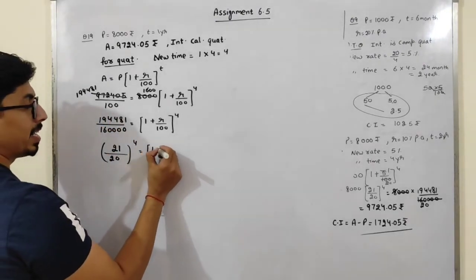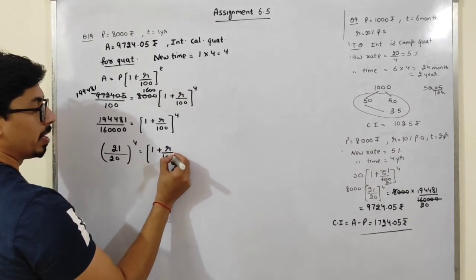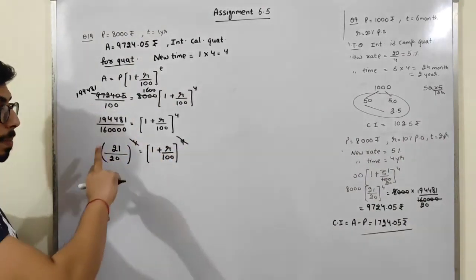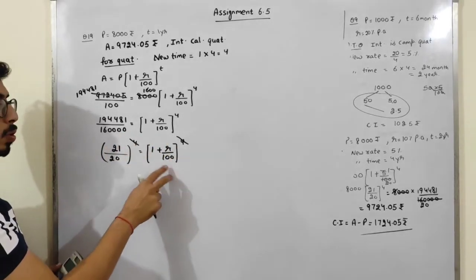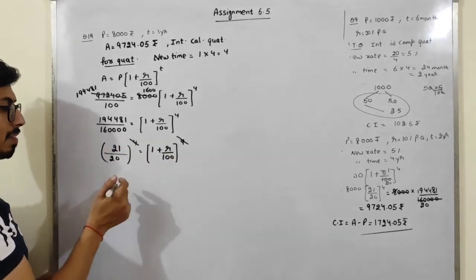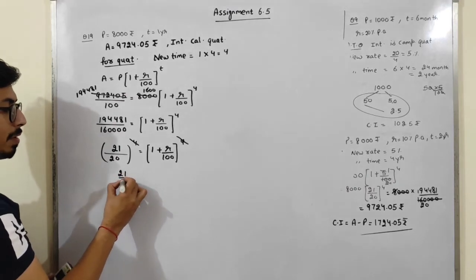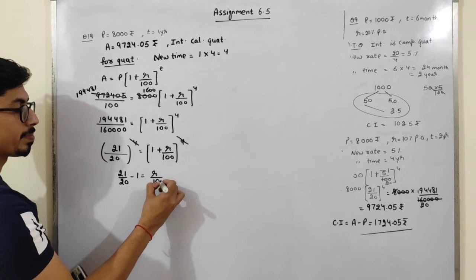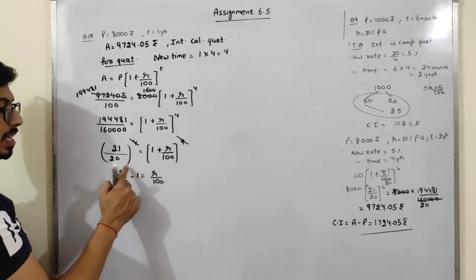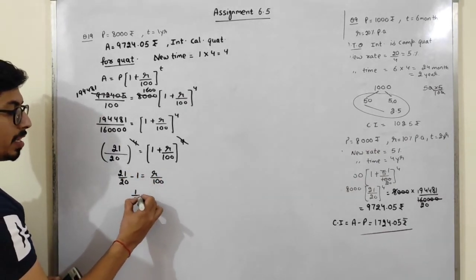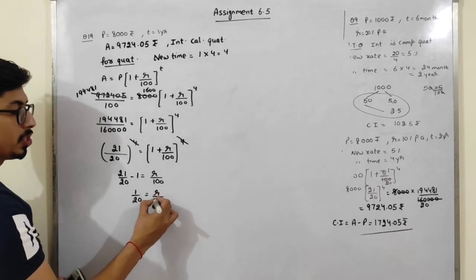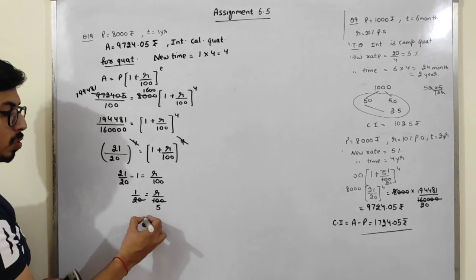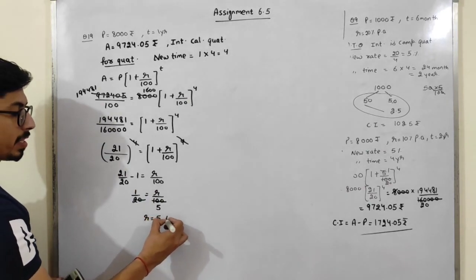So I can say that (1 plus r upon 100) raised to the power 4 is this. I can cancel the powers because all the powers are the same. Now you can just compute them. See, 1 is in addition and when it goes across, it will be subtraction. So 21 by 20 minus 1 is equal to r by 100. And if I just take LCM, it will be 1 by 20 and r upon 100. So r is equal to 5%.